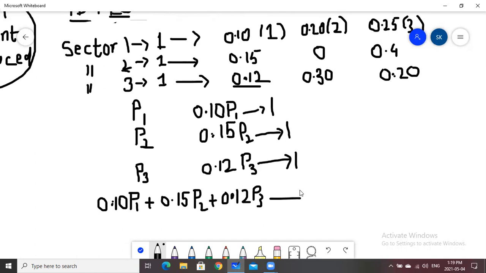These are all the units of product 1. Let me write it over here so that it is very much clear to you. Product 1 units.